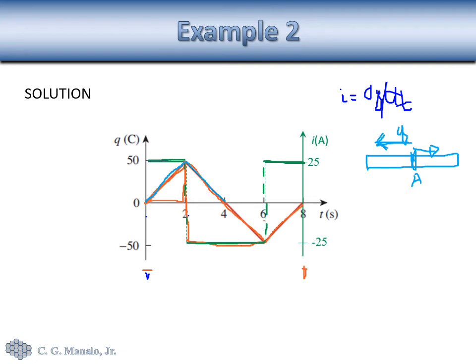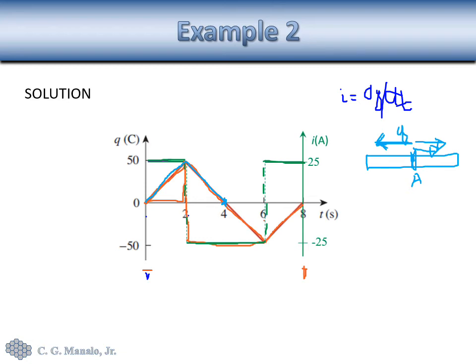So after 4 seconds, the net Q that actually crossed point A is 0. So that means that the amount of charge that crossed between 0 and 4 and the amount of charge that crossed going to the right must be equal, and therefore the net charge that crossed point A must be 0. So that is what is meant by that.